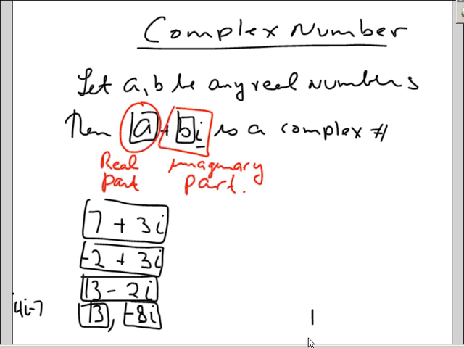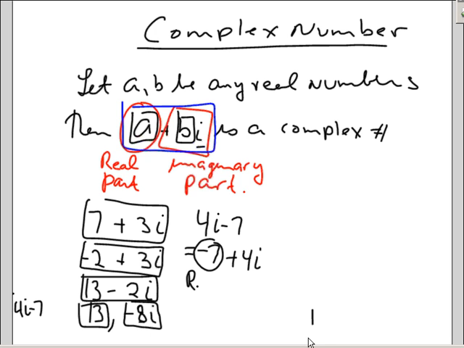If we can get it in our standard form, a real number plus a real number times i, or minus a real number times i, we'll be in business. 4i minus 7 is the same as negative 7 plus 4i. But now with routine, here is my real part, and here is my imaginary part.